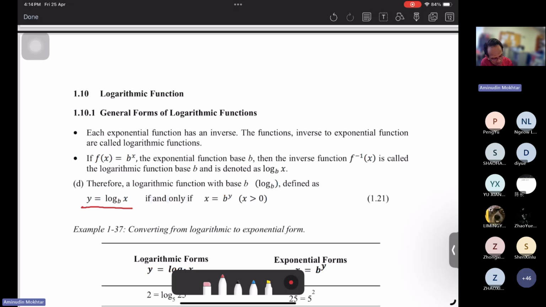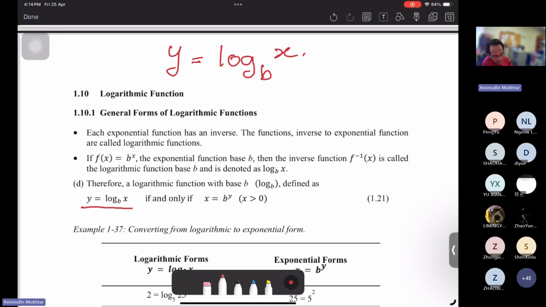We can write this as y equals log with base b of x, where b is the base, or we can also say y equals log_b x. Again, y is the range, the output, and x is the input, or domain.